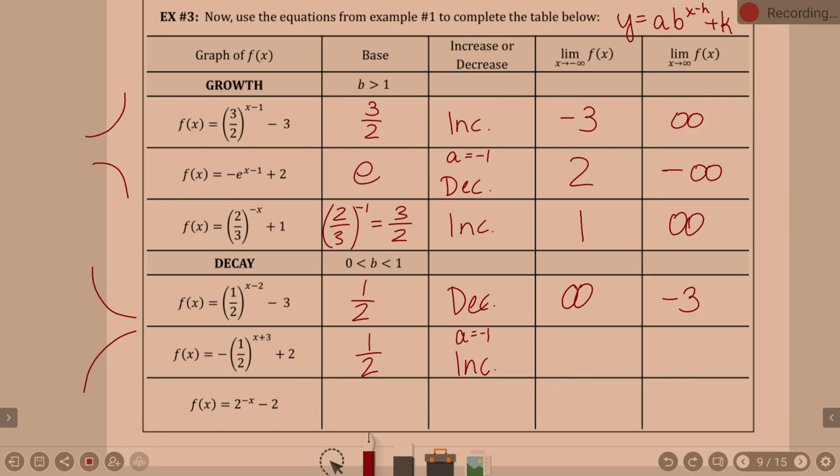I'm going with somehow, I don't know the exact answer, somehow it's still decay. Her comment up above: growth and decay are not synonymous with increasing or decreasing. So just because that one became increasing does not mean it changed from decay. And I think it's based on this b value here that still says it's a decay factor.